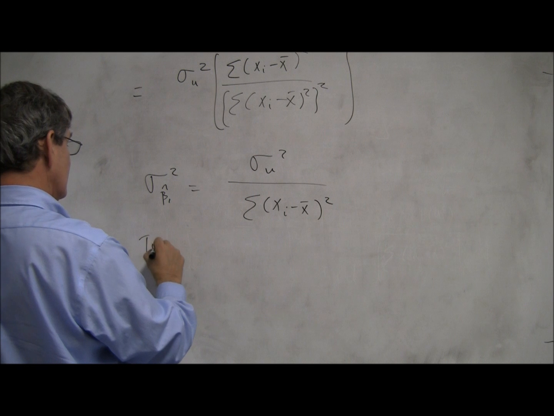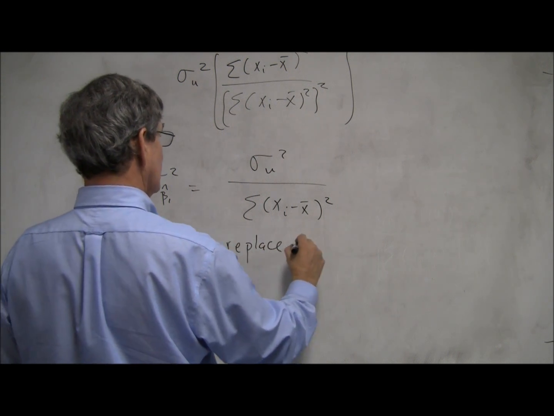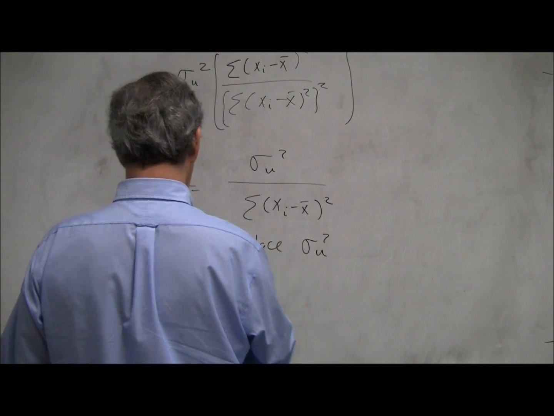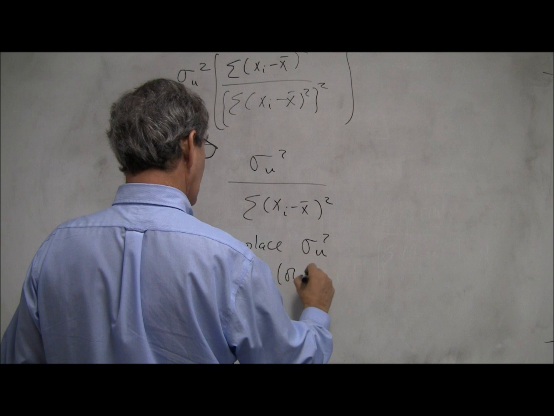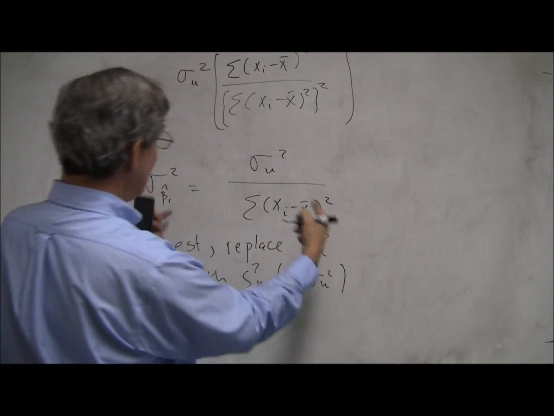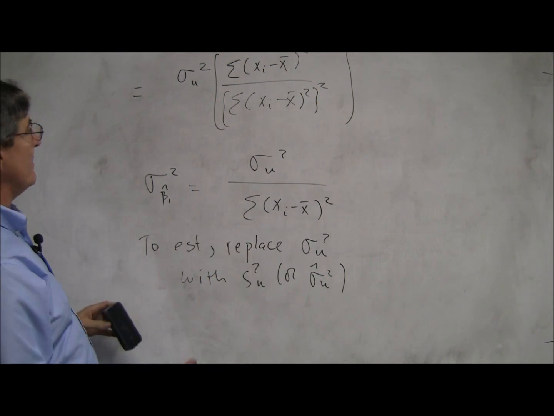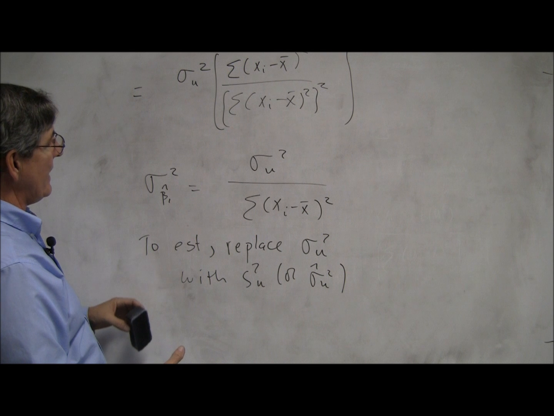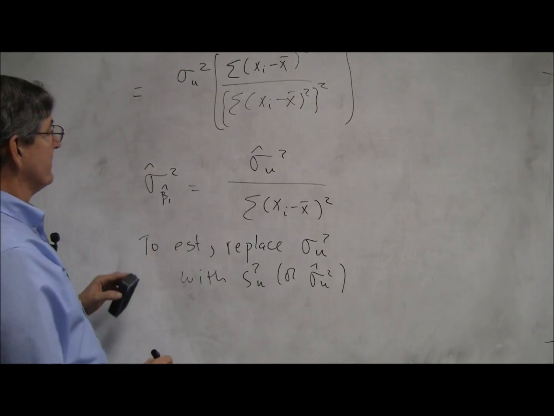To estimate, replace sigma squared u with s squared u, or what I call sigma squared hat u. That's the estimator that we wrote down initially. And so that's how you would find the variance for beta hat. To estimate this, you do that.